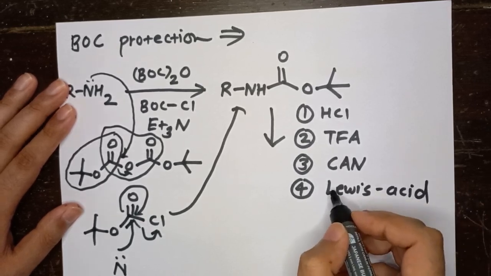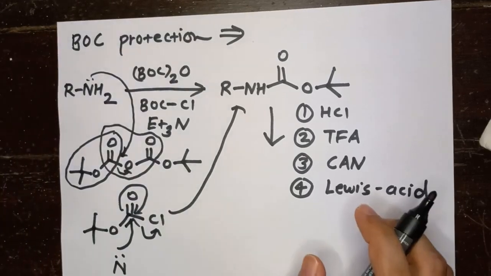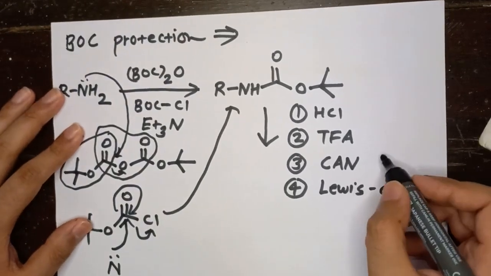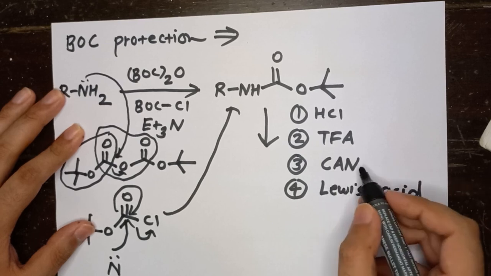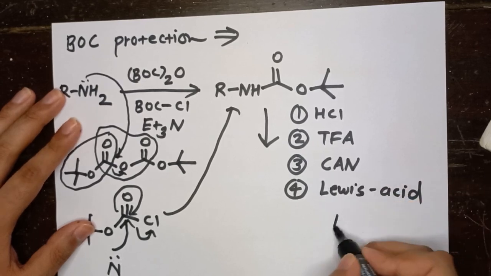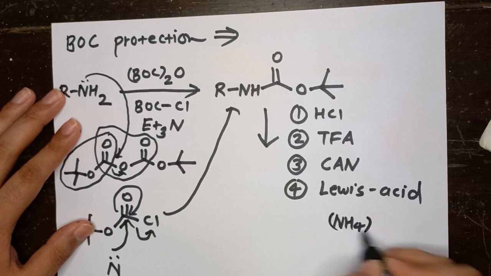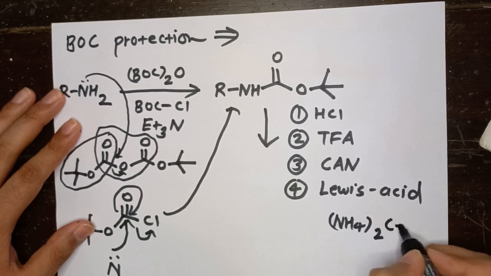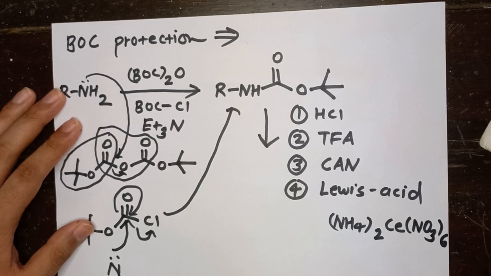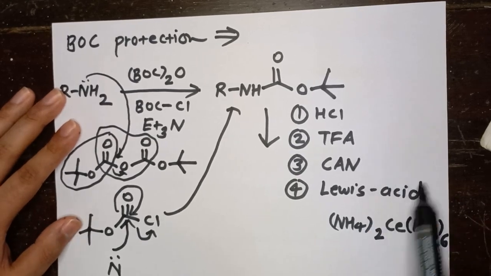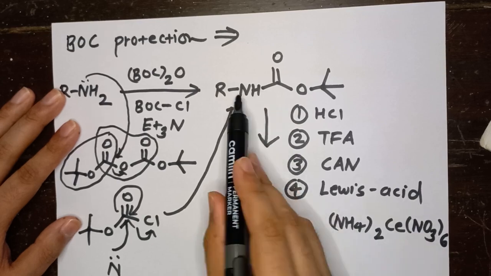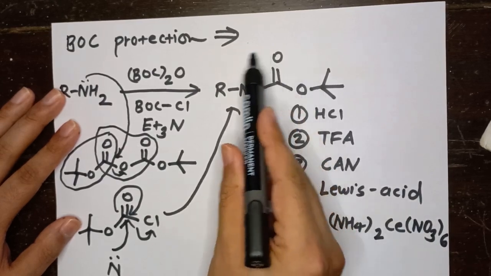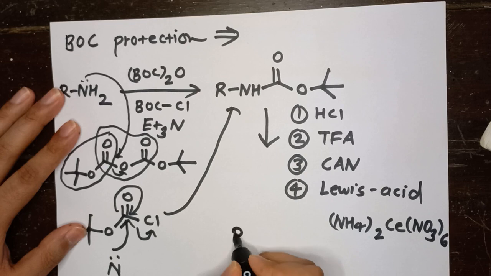What is the formula of CAN? Ceric ammonium nitrate can be represented as (NH4)2 Ce (NO3)6. Using any one of these, you will be able to deprotect your Boc protected amine and get your NH2 group back.